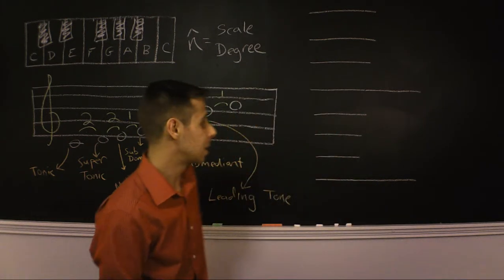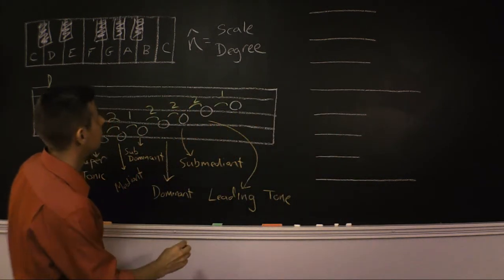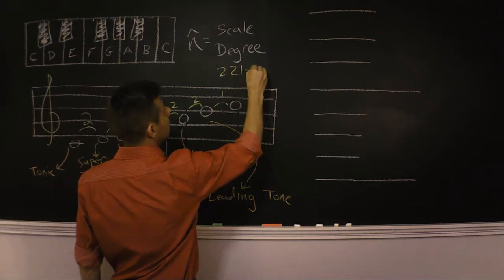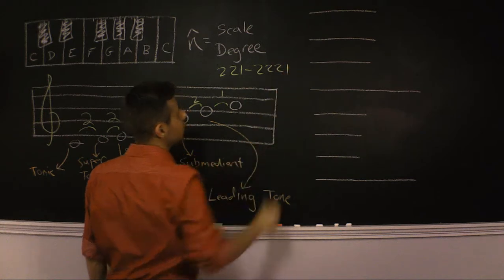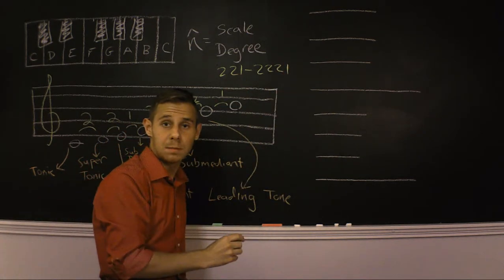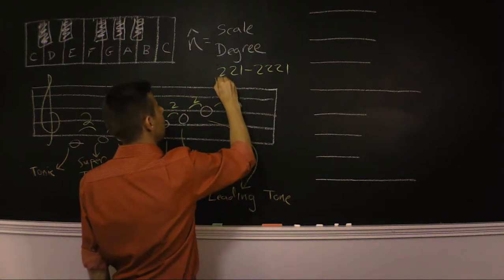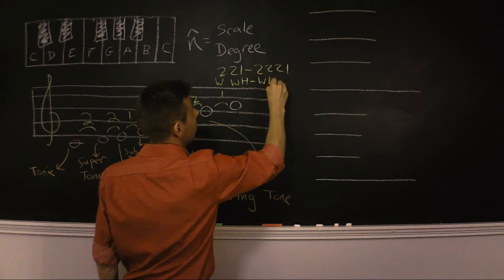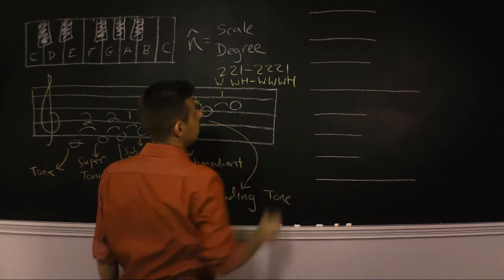So if you want to remember it by number of half steps, you can remember it as 2, 2, 1, 2, 2, 2, 1. Alternatively, you can think of it as whole steps and half steps. So we'd have whole, whole, half, whole, whole, whole, half.